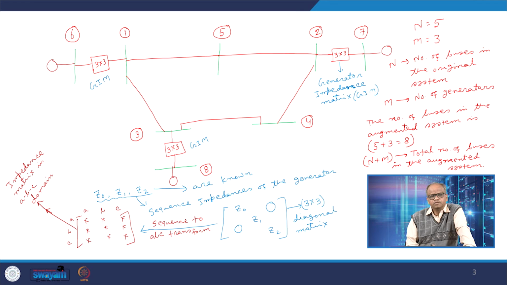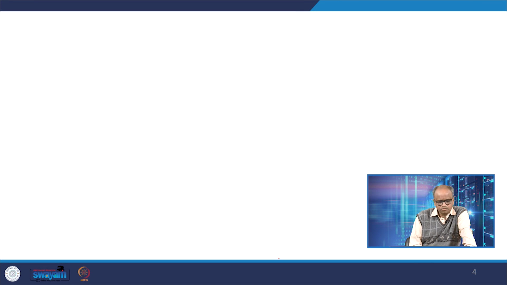So, for this system, please note bus 1, 2, 3, 4, 5, these are the original buses. Now some conventions we will be using throughout this course.